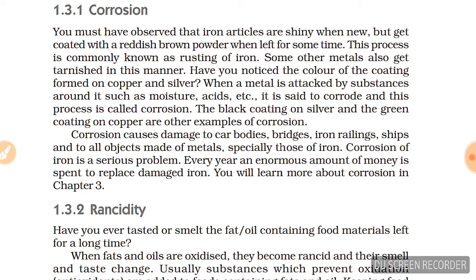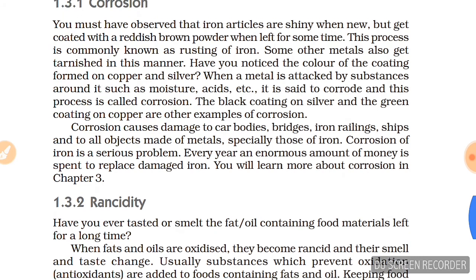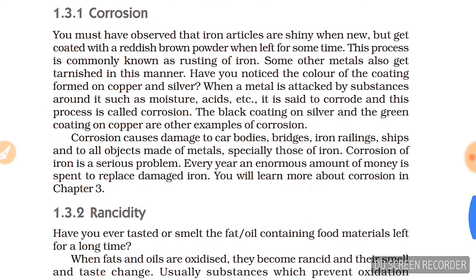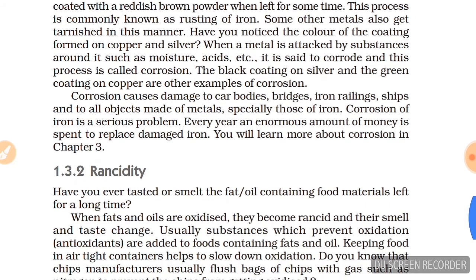That is why we are using paints on the channel gate. All the iron gates, iron chairs, many things we have seen are painted. Paint is applied so that it is protected from rust, so that it does not react directly with the agents. In the same way, copper and silver all get reacted with the moisture present in the atmosphere and the color changes, so they are protected.